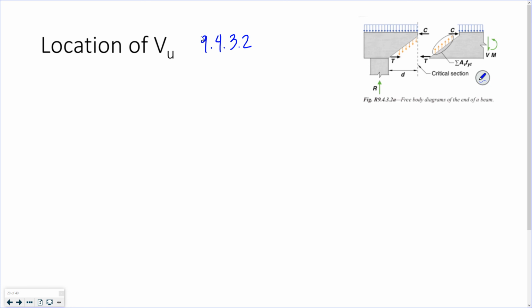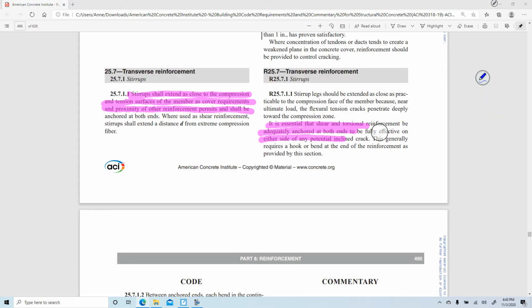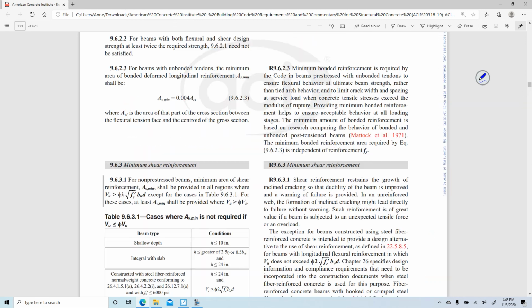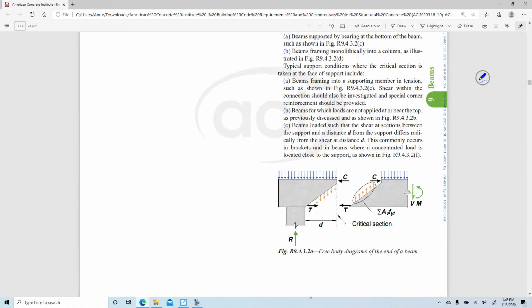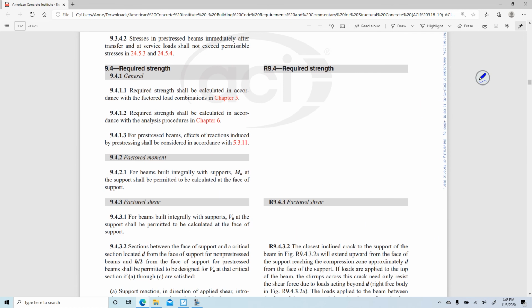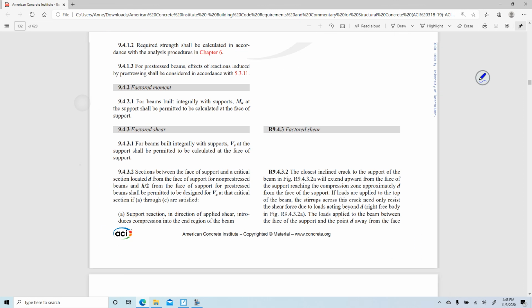There it is, factored shear, required strength. Section 9.4, required strength, page 130. So all the way back at page 130. Required strength, 9.4, is all about how you determine your required strength.